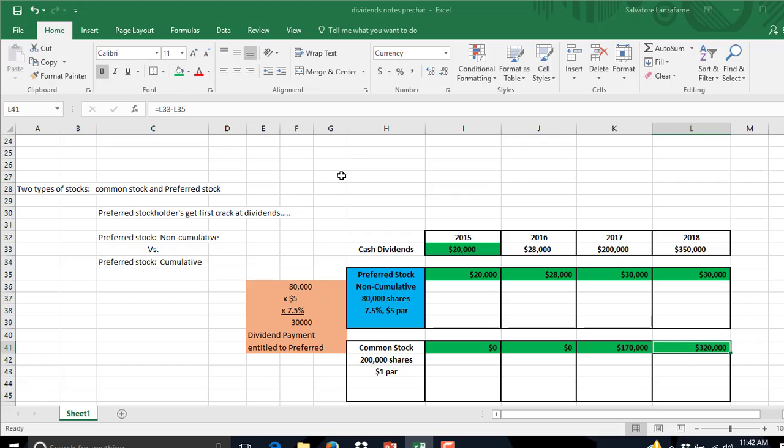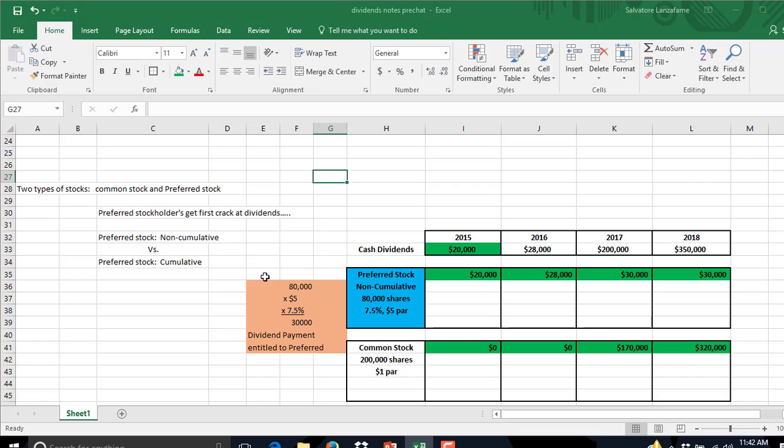Okay, so the moral of the story is that in years 2015 and 2016, preferred didn't get all of the money they were entitled to. They were supposed to get 30 every year, but the company didn't have the 30 in the first couple of years, and oh well, sorry, preferred stockholders. You only get 20 and 28. Okay.